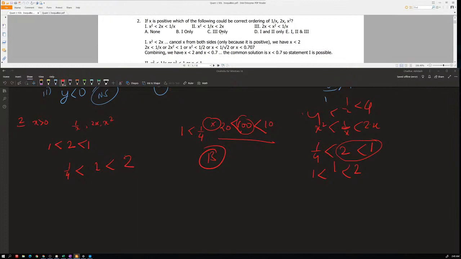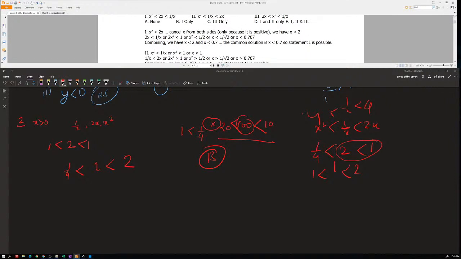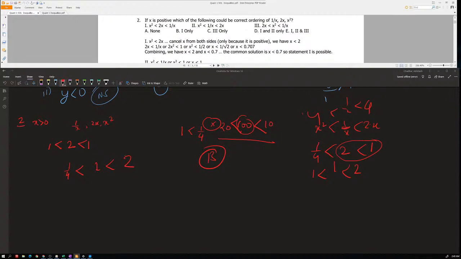If x is positive, we follow this. The first one says cancel x from both sides, because it is positive. Now we have x less than 2. 2x is less than 1 by x, so 2x squared is less than 1, or x squared is less than 1 by 2.